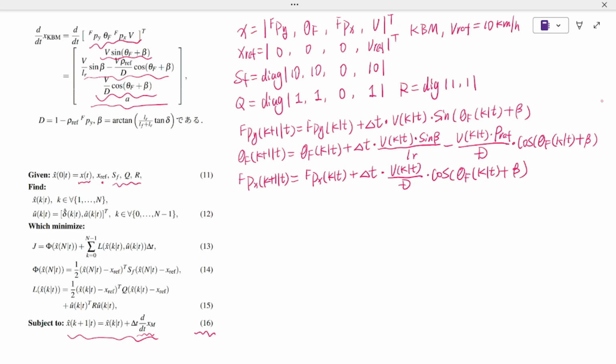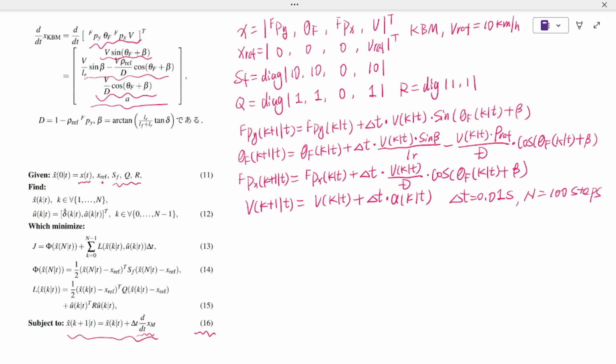All right, the last one, v k plus 1 given t equals v k given t plus delta t times a k given t. Note here the delta t equals 0.01 seconds, and the steps is totally 100 steps.